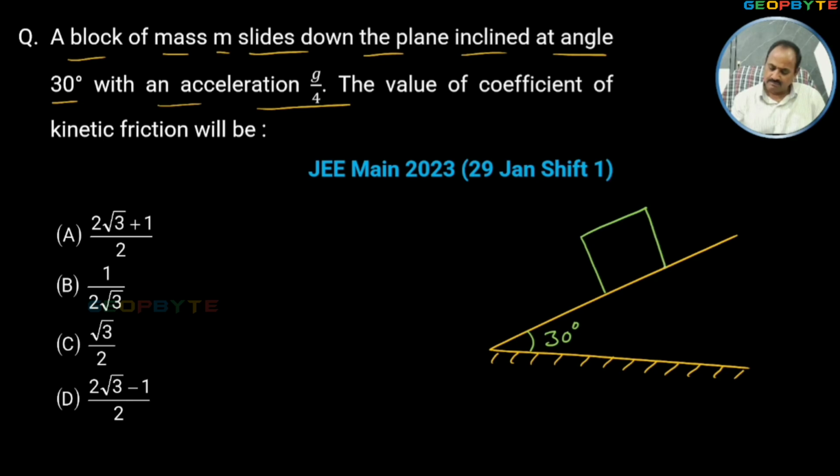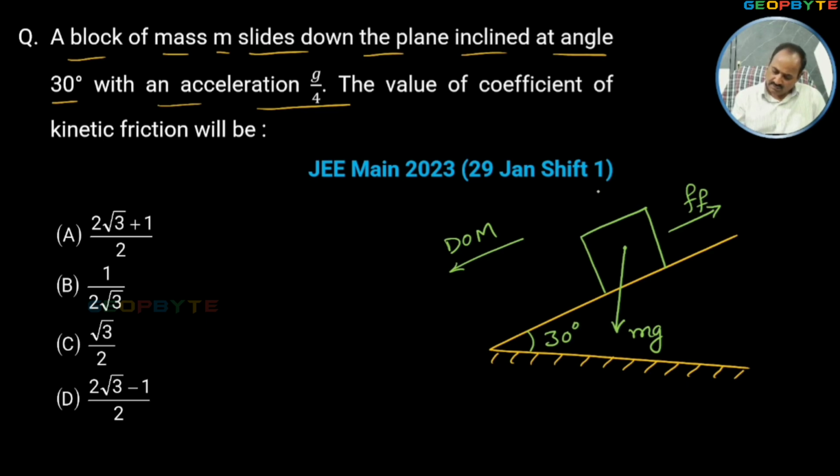The self weight of the block is acting vertically downwards. It is sliding down. This is the direction of motion. The frictional force is always acting parallel to the plane but opposite to the direction of motion.